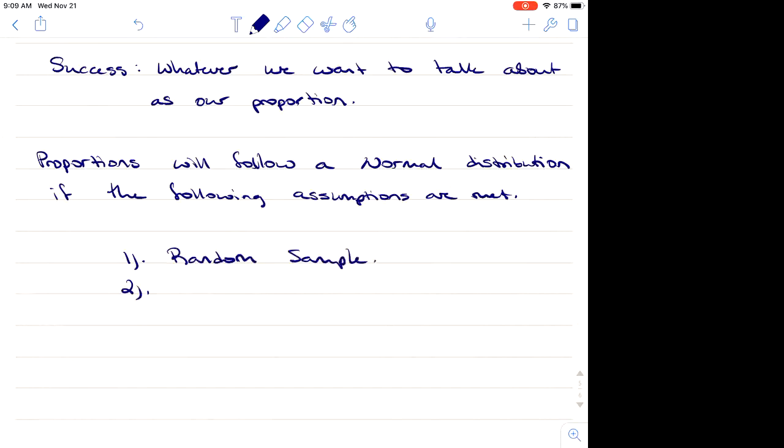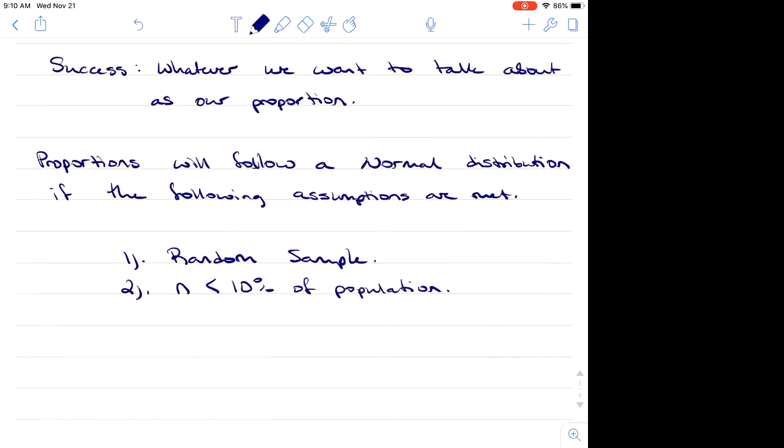Second one, and this one's kind of counterintuitive, is that your sample size has to be less than 10% of the population. Meaning we can't have too big of a sample.